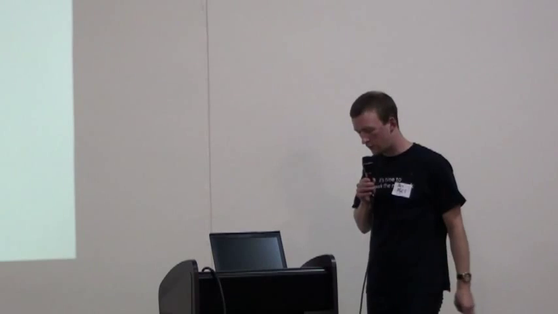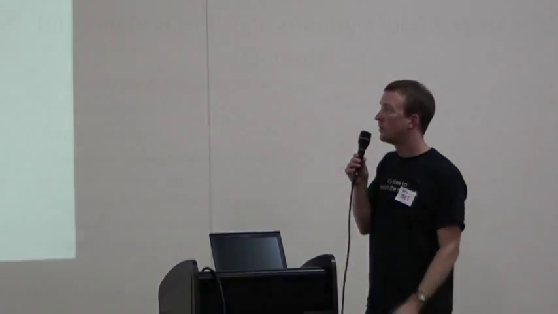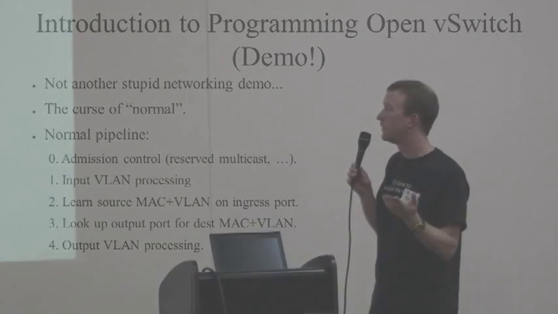I'm giving sort of a simplified example, but I think it demonstrates the principles. So I'm going to demonstrate how to write an Open vSwitch flow table for a switch with these pipeline stages.